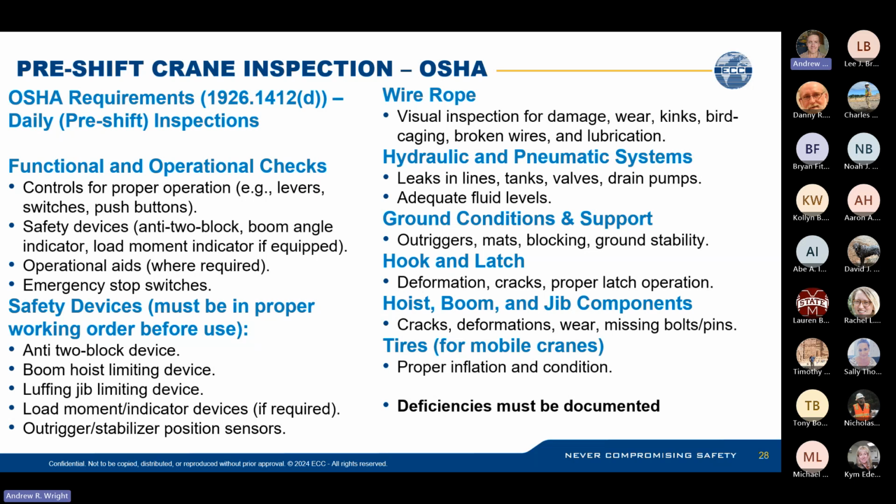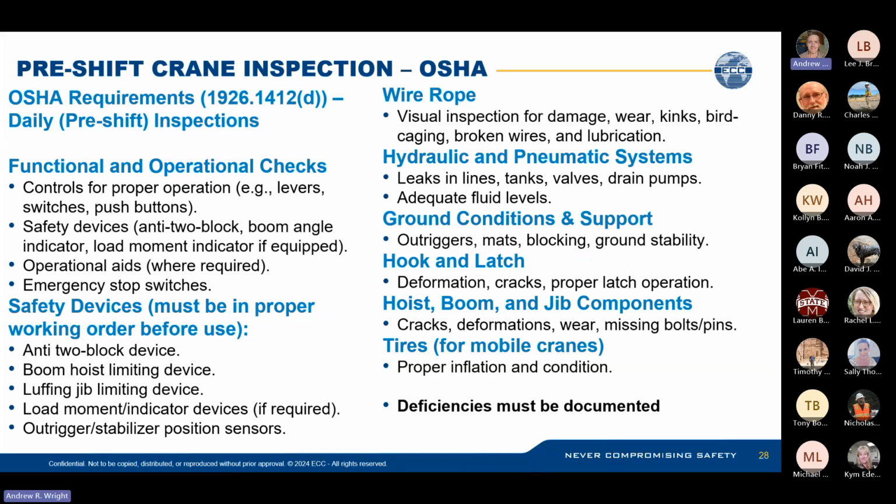So the operator will be checking things like controls for proper operations, levers, switches, test the buttons, checking the safety devices and operational aids like the anti-two-block, the boom angle indicator, the load moment indicator if it's equipped, any other operational aids that are equipped, make sure that they're working properly, and your emergency stop switches.